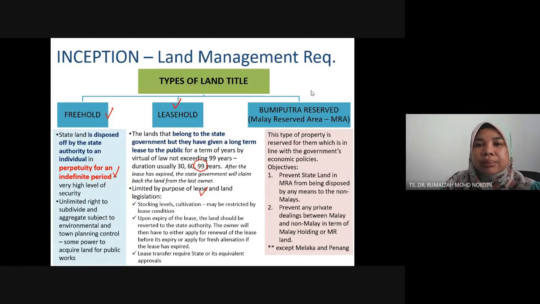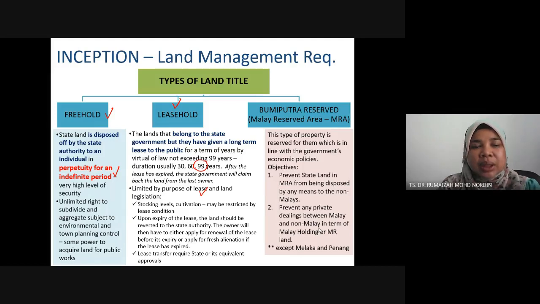Okay, however, this particular Bumiputra Reserve tidak ada di Melaka dan Penang. So maknanya dekat Melaka dengan Penang memang tak ada kawasan untuk Bumiputra Reserve. Right? Cuma itulah, sekarang ni saya dengar tanah wakaf pun diniagakan, what more to this Bumiputra Reserve Land lah.